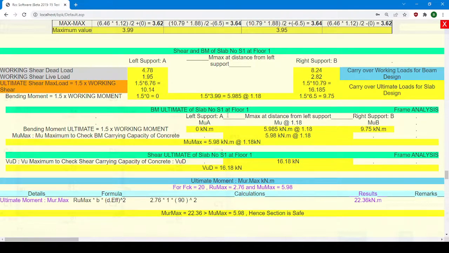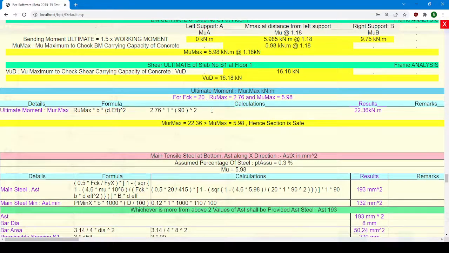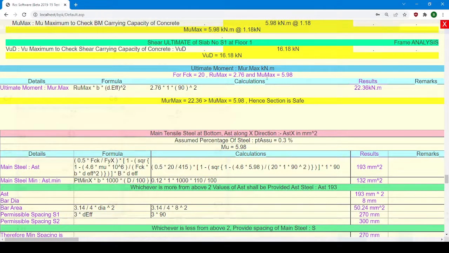At the support, the maximum bending moment is 3.99 times 1.5, which is 5.985, at a distance of 1.18 from the left support. According to that, we are designing the slab: 5.98 at 1.18, shear 16.18, ultimate moment.